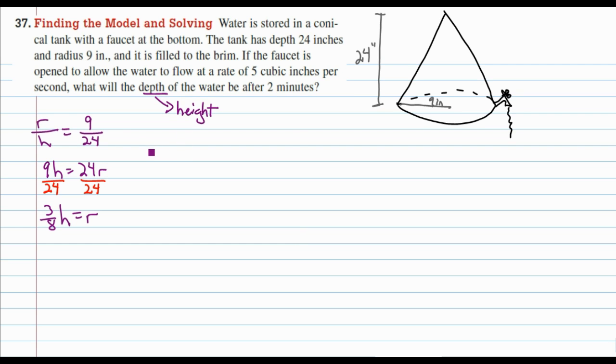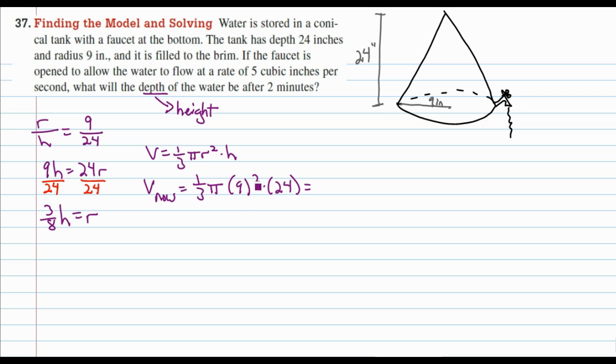The volume of the cone is 1/3 pi r squared times height. So the volume now of all the water is going to be 1/3 pi, what did we say the radius was? 9 squared times, and then the height we said was 24.